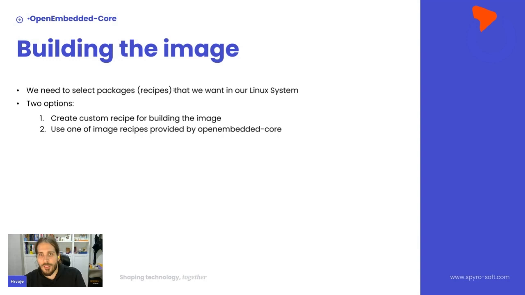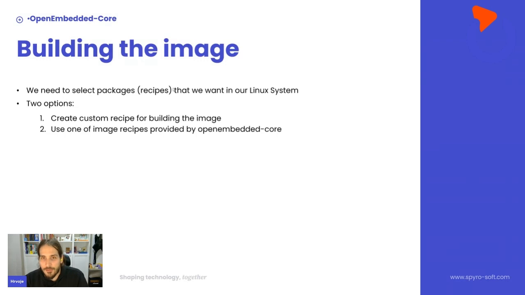So when we have all these files and all these recipes, now we can start building our image. You saw previously that there are all kinds of different recipes. For example, you can use either systemd or sysv init. So what you need to do is select the packages, or how shall I say it, recipes that we want to use in our system. There are two options how to do it. You can try to create your custom recipe for building the image.